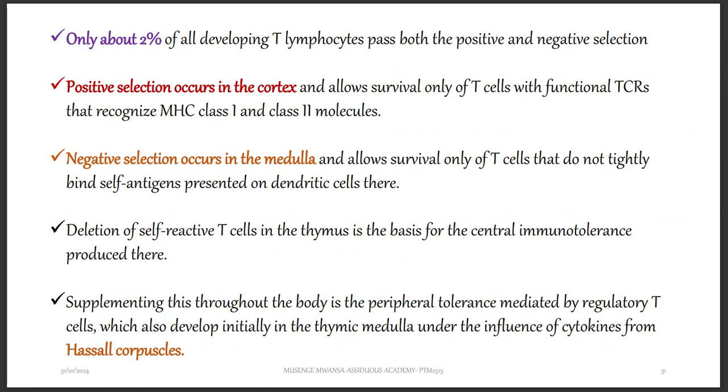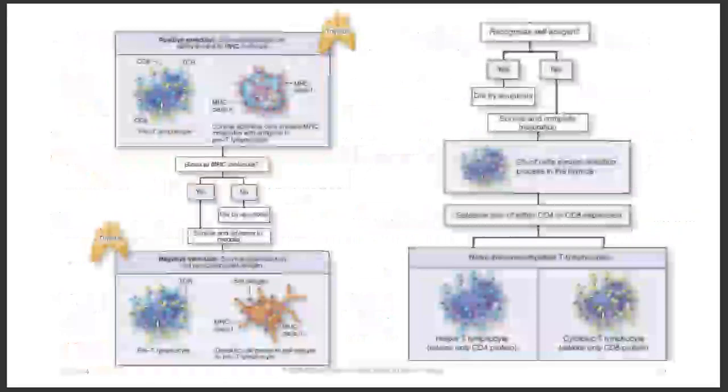You've seen how hard it is. And this is what also happens in medical school. Of the total number that goes, you see a very small portion, and you should be one of those. So positive selection happens in the cortex, negative selection happens in the medulla. That is what is important.